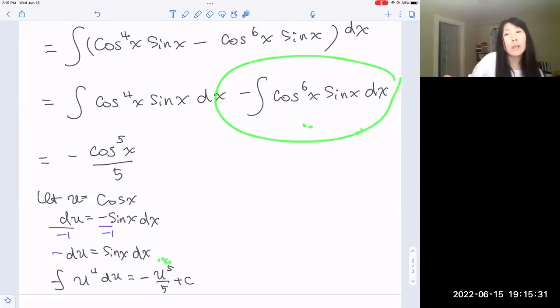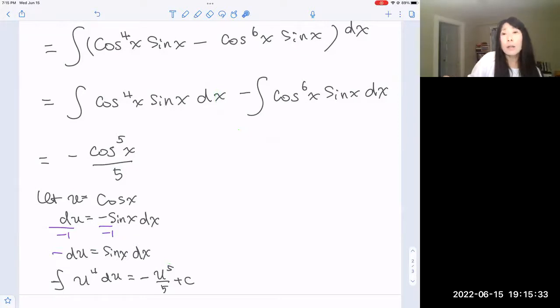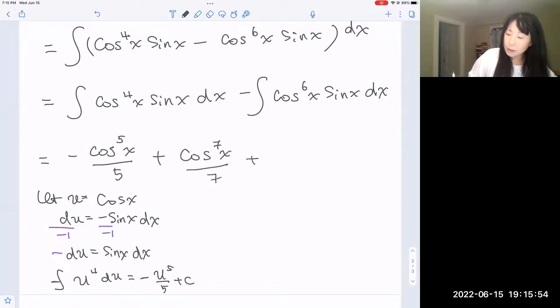It will be the same, just using the power rule and the substitution, from 5 to 7. So we have to have a negative, so it will be positive, right? So it will be positive and cosine to the 7th power over 7 plus c. So is it okay? Looks good.